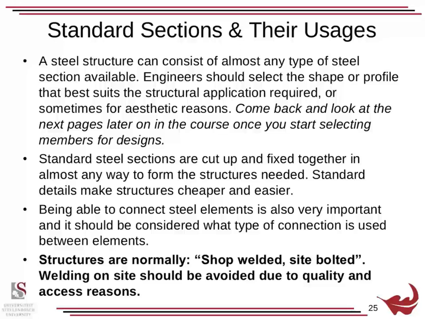We will select I-beams or H-sections or channels or angles or circular hollow sections to come up with a structure that suits our client's needs. Maybe it's for aesthetics, maybe it's for cost, maybe it's for heavy resistance or durability. There are various competing alternatives. And so standard steel sections are cut up and fixed together in almost any way to form the structures needed.